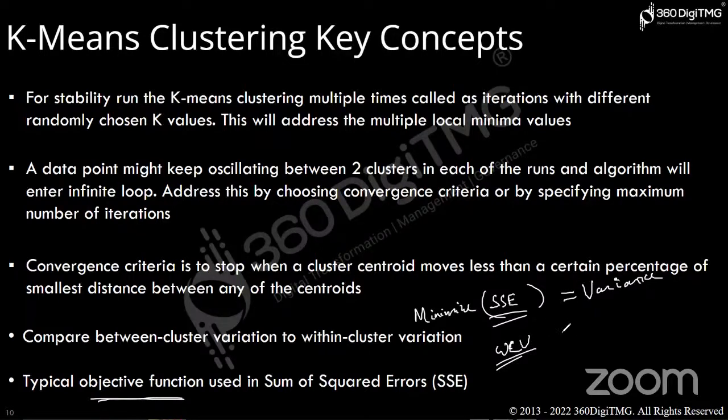We are also trying to find this SSE, sum of squared errors. Using this only, we can find this minimization. The sum of squared error should be as low as possible again.